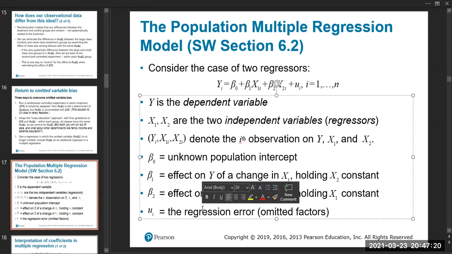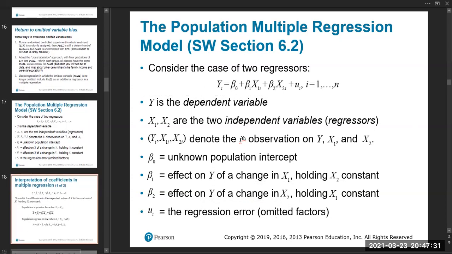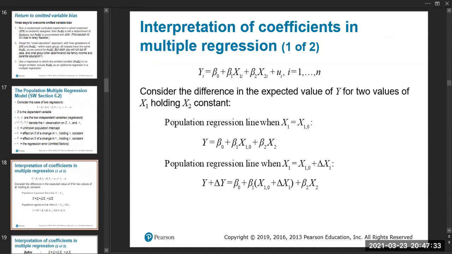Again, U is the error, or all the other factors that affect Y and are not included in X1 and X2. So let's take a look at how the math can be written. What does the math tell us by holding all the other things constant?